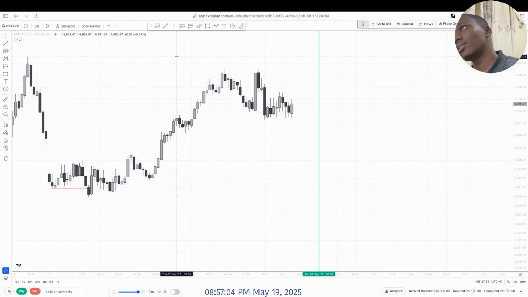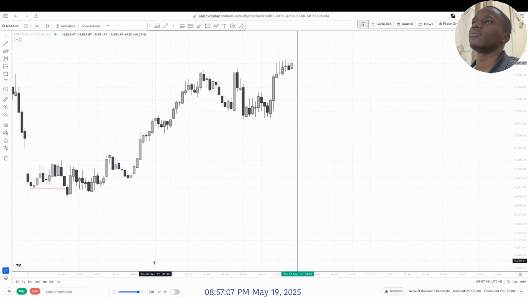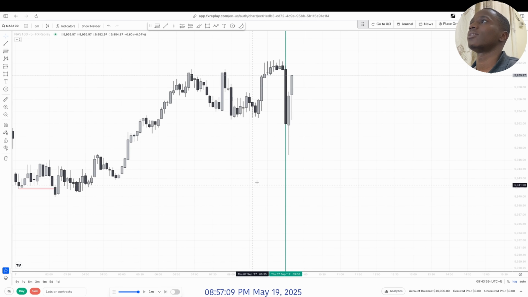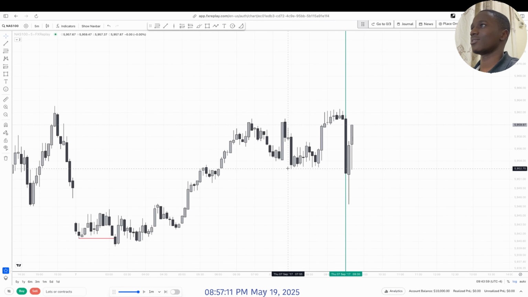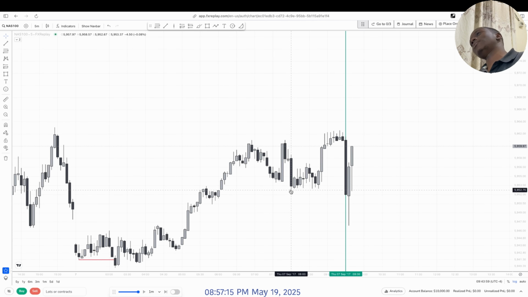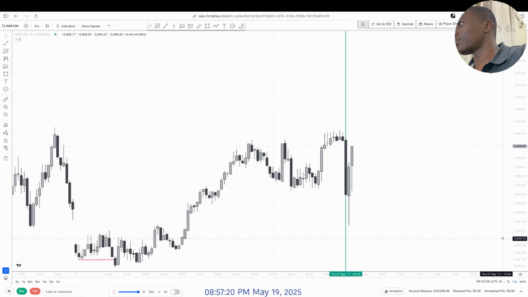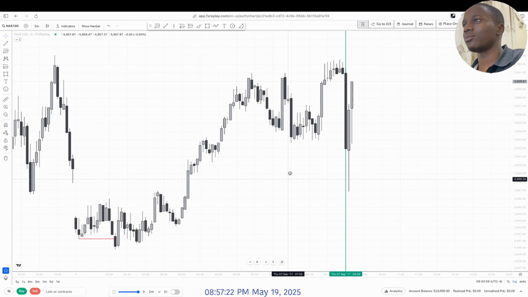Fortunately, it did not. And before it does, you can see that these lows were taken out right here. This is the London lows, but it's not the lowest London went.